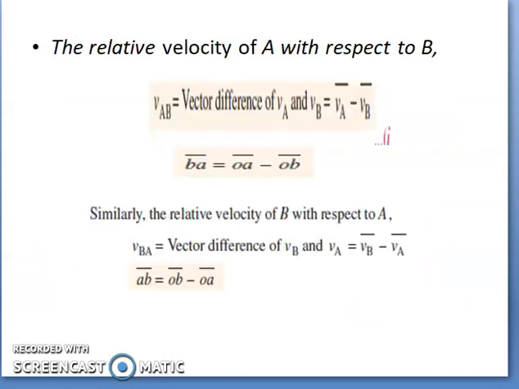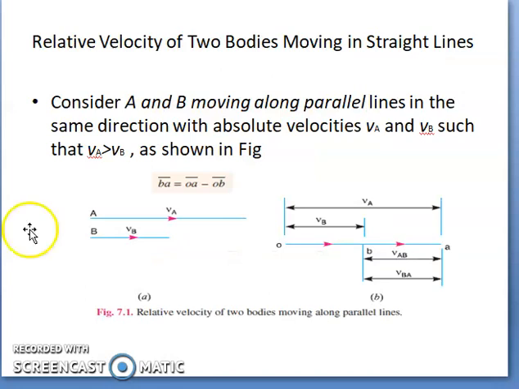This concept is more clearly explained when we are traveling in a train. If we are standing on the platform and the train is moving, we will see that the train is moving at a very fast rate. Suppose we are also in a train and another train moves against us.